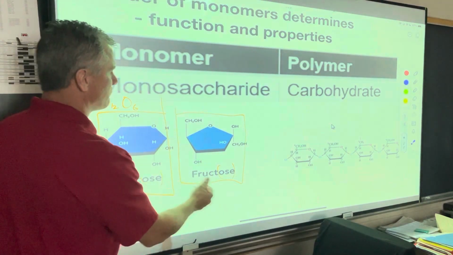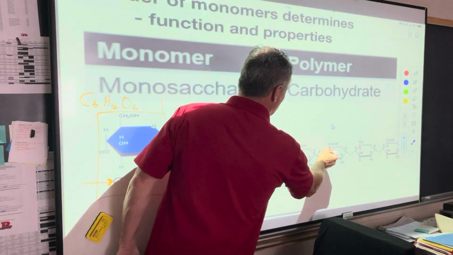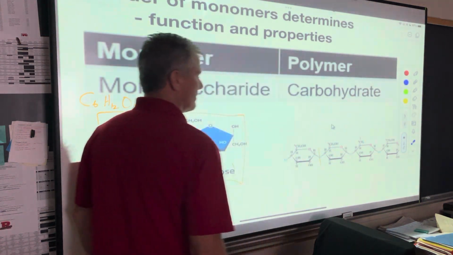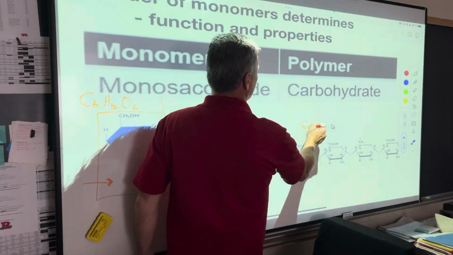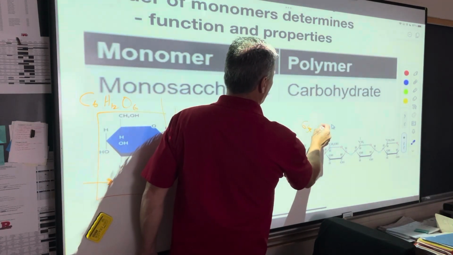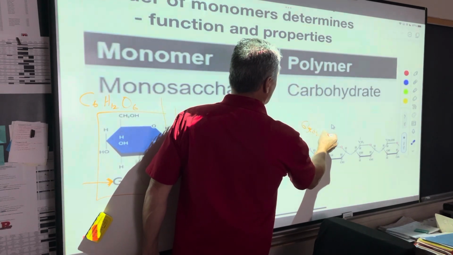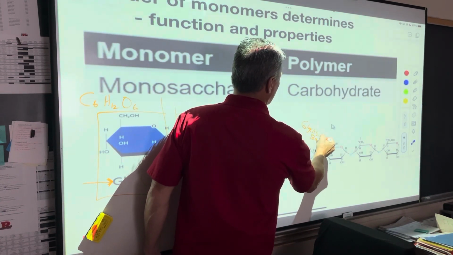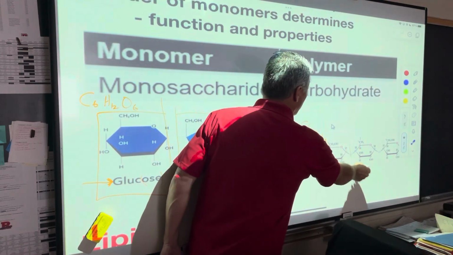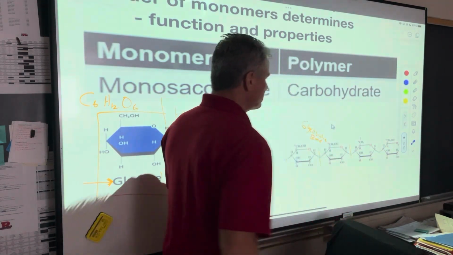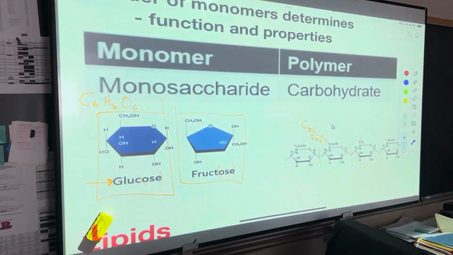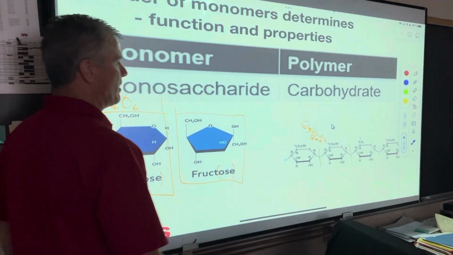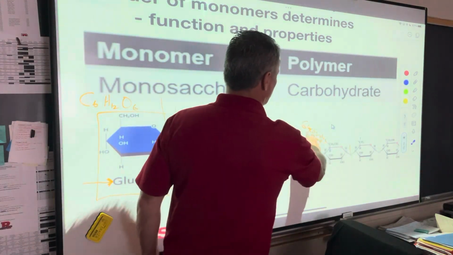Now, look what happens when you put all these together. See this bond right here? This is called a glycosidic bond. So here's one, here's one, here's one. And before you let that bake your noodle, a glycosidic bond is just a covalent bond that bonds glucose and other sugars together.